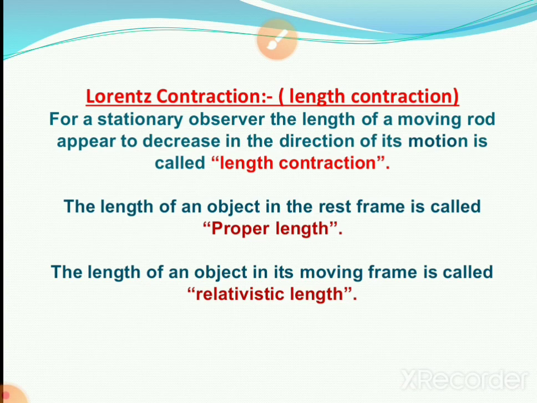That means let us consider one observer is at rest, and the rod is moving. The length of the rod will be the same, there is no change in the length.